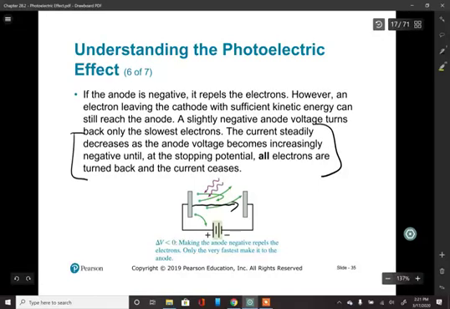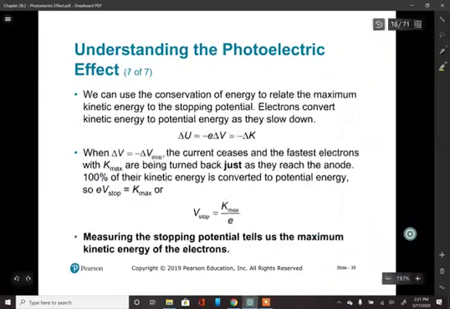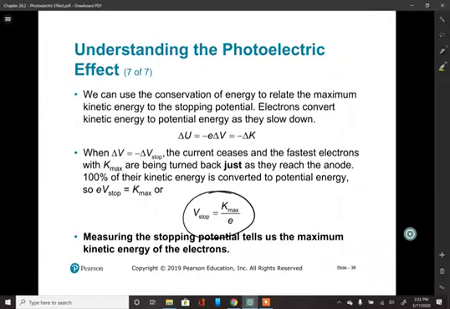There's a maximally negative voltage at which all the kinetic energy is used up before the electrons make it to the other side, and that's why the stopping potential ends up being where the current is 0. And so you can calculate that stopping potential with this.